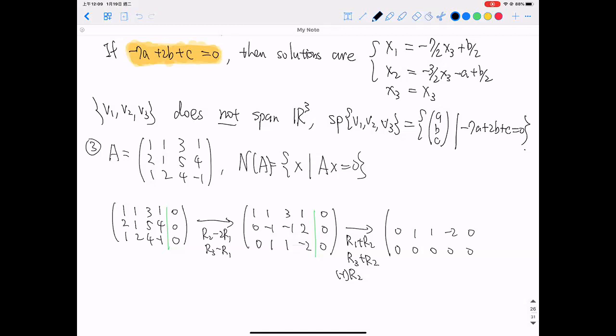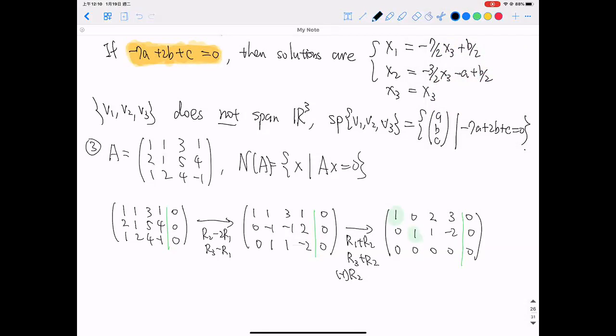And R1 plus R2 would be that. Okay. All right, so this is now in reduced row echelon form, with just leading ones here and there.